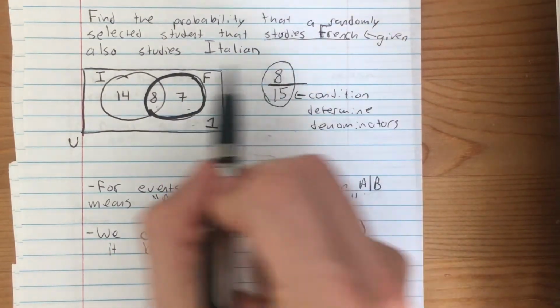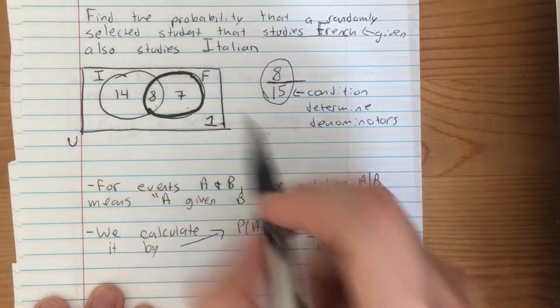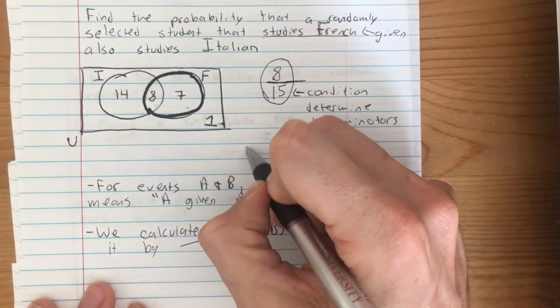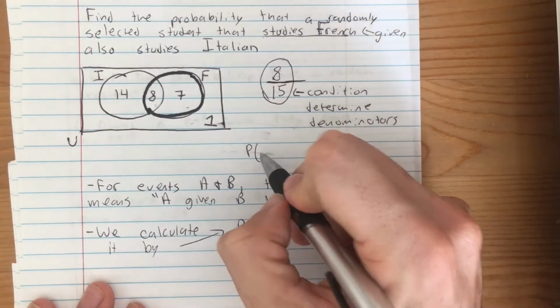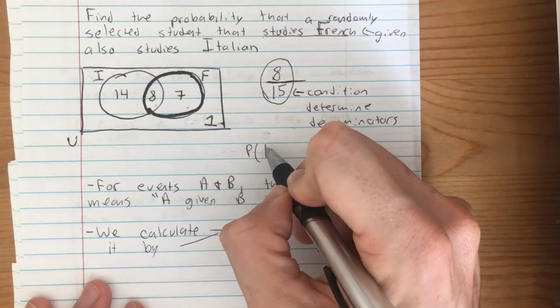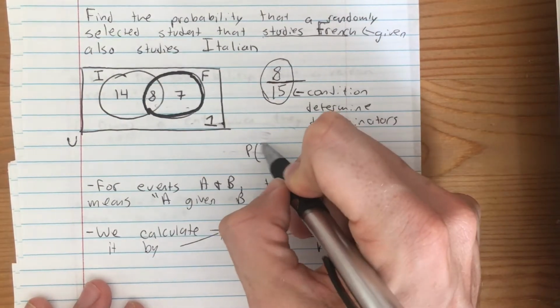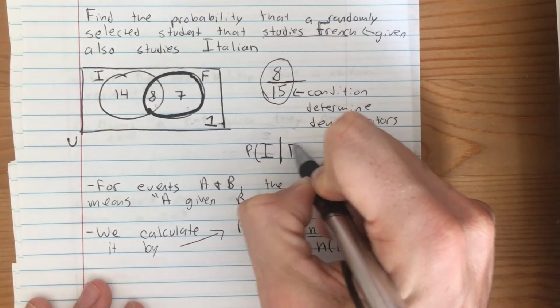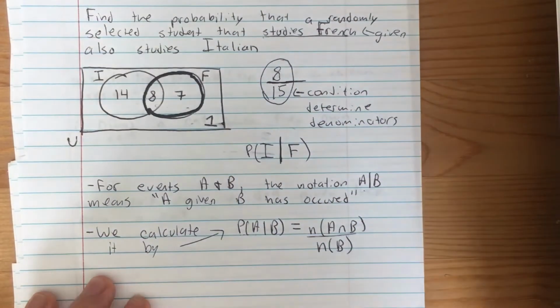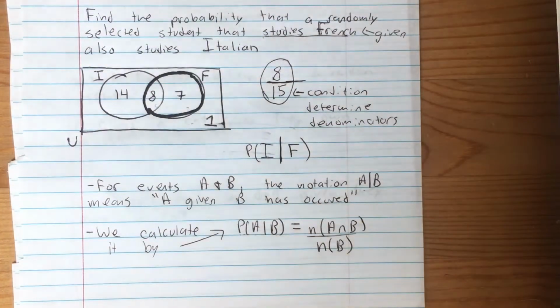So if you were going to write a notation for up here, it would be, tell me the probability that someone speaks Italian given that they speak French. So the second one is always that condition.